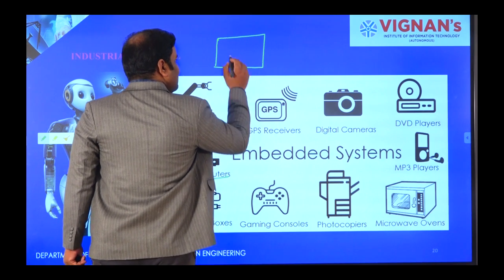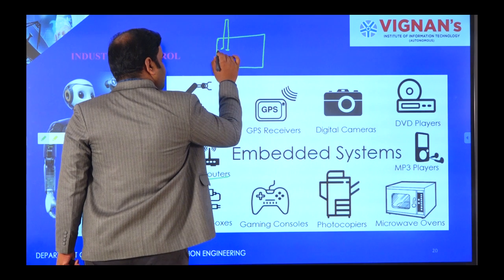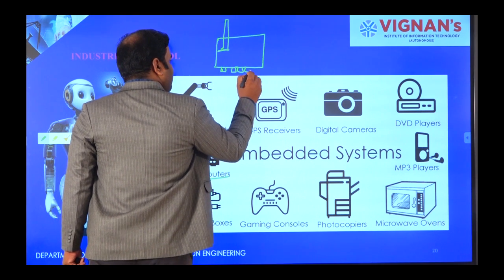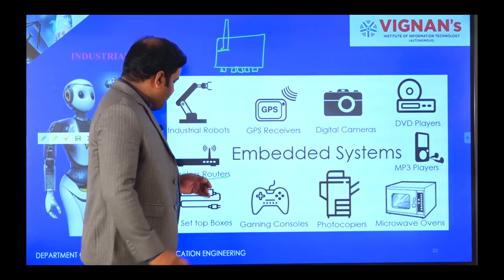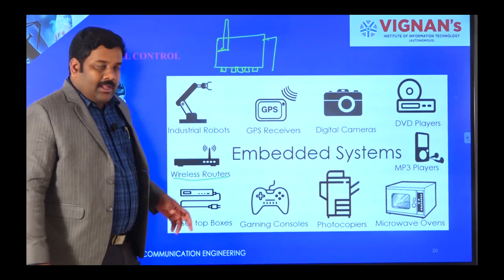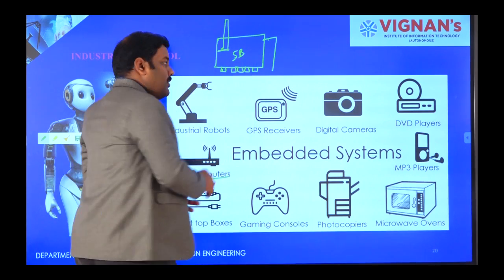It seems to be like this, having one aerial, and it has knobs, 3 or 4 or 5. This is what we used to call a set-top box.